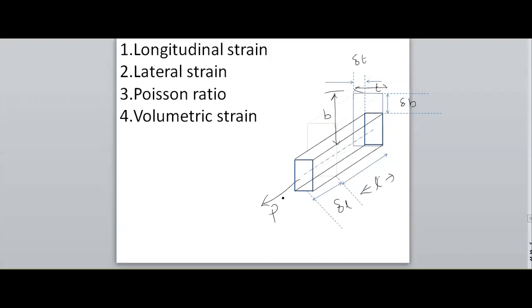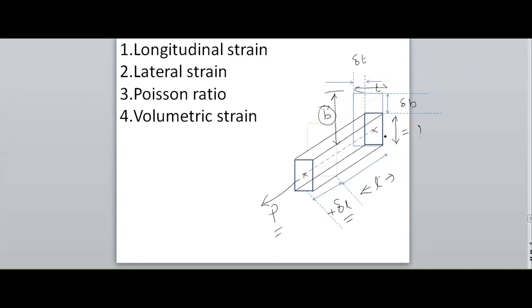While applying the load along the longitudinal axis, the length is increasing and the width is decreasing here. Initially it is B, now it is decreased.